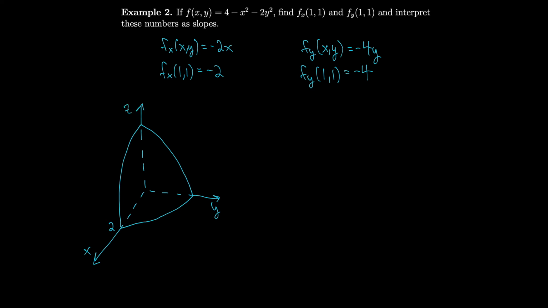And what I want to do is take this surface, z equals 4 minus x squared minus 2y squared, and I want to slice it so that we're parallel to the x-axis at (1, 1). So I need a slice.